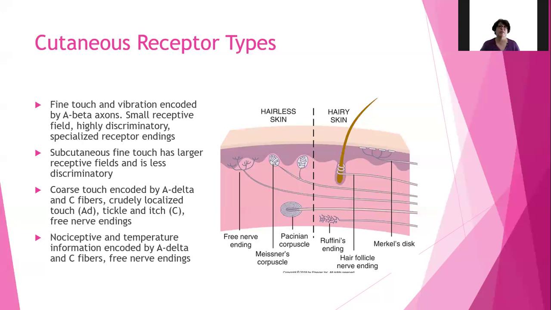Nociceptive and temperature information is encoded by A delta and C fibers, and those are all free nerve endings. So you might have a temperature receptor that is receiving some information about temperature, and once it gets to the point where it might damage tissue, then those free nerve endings start getting stimulated, and the body has to decide something anyway.